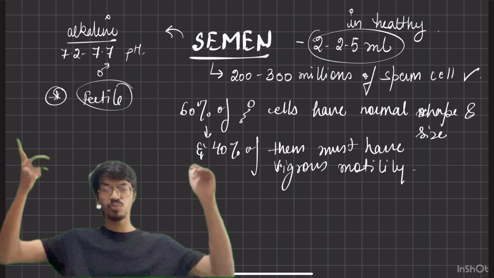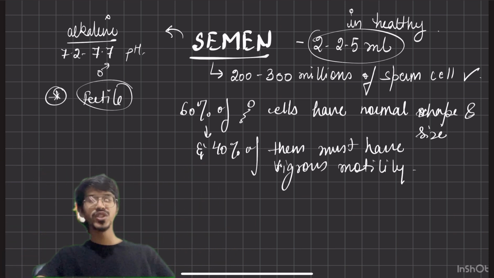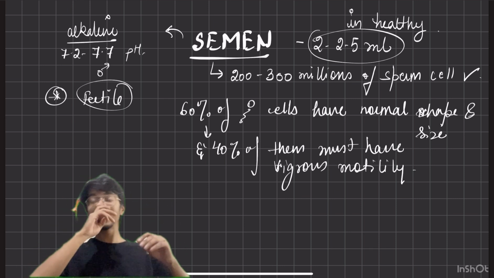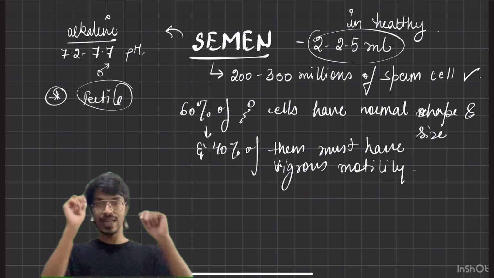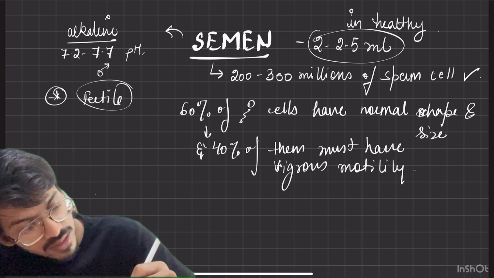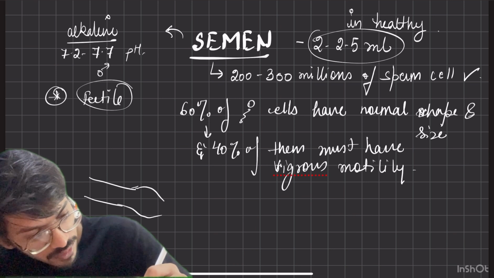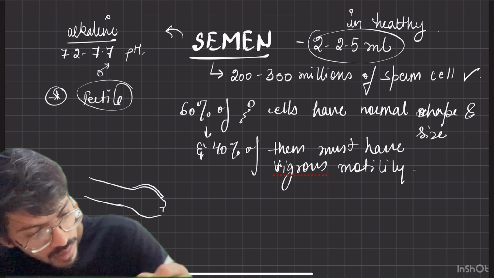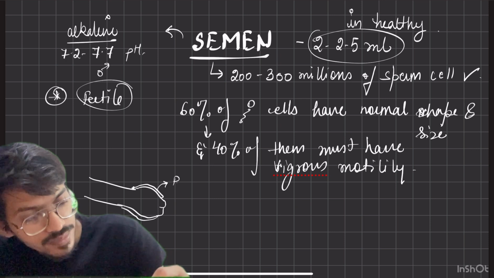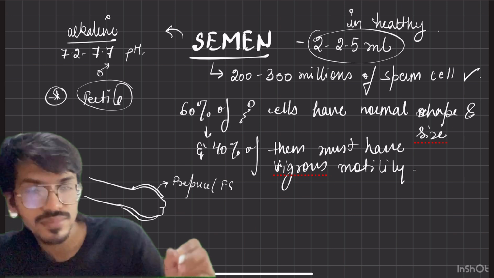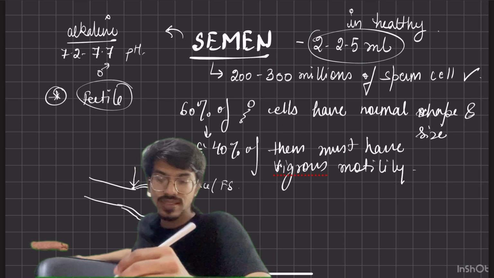And one point I forgot to tell you, that the glans penis is covered by a loose fold of skin, which is called the prepuce or the foreskin, which is easily traceable. And the neck of the glans, for example, if I'm drawing this as the glans penis, there is a covering like this present over here. This covering is the prepuce or the foreskin, and this part is the neck.